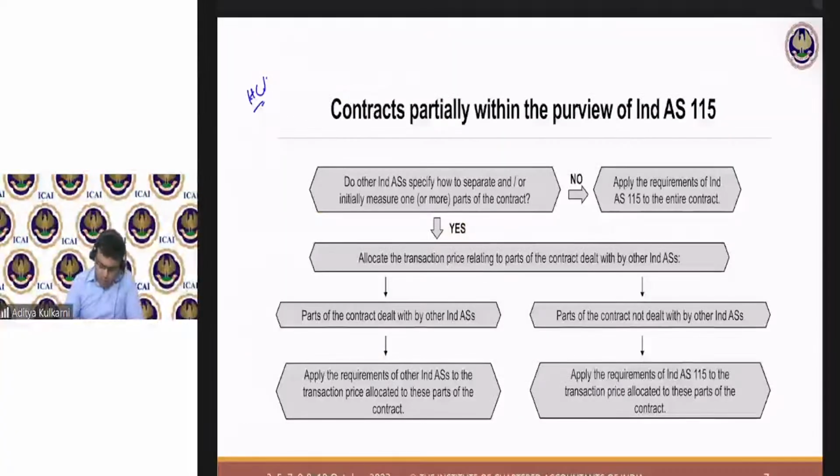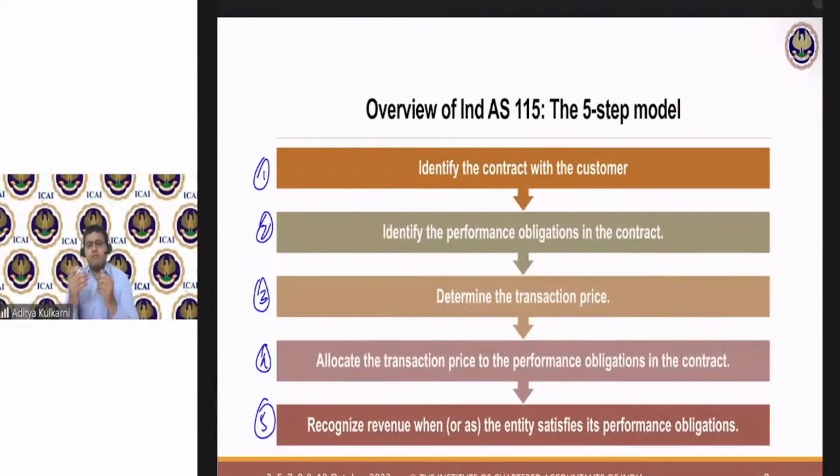Then what we saw was the 5-step model that Ind AS 115 prescribes. The first one being the identification of the contract with the customer, because the title of the standard is Ind AS 115, revenue from contracts with customers. So you identify the contract, you identify the performance obligations in the contract, step number 2. Step number 3, determine the transaction price.